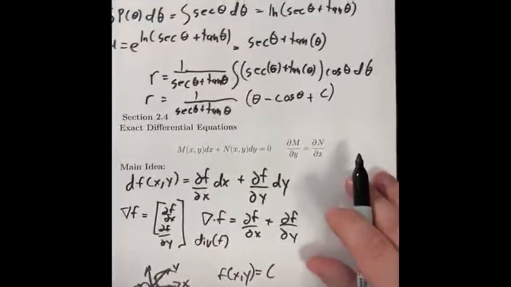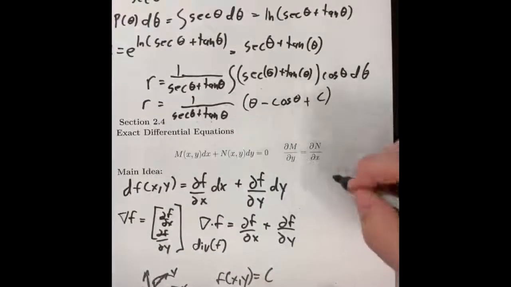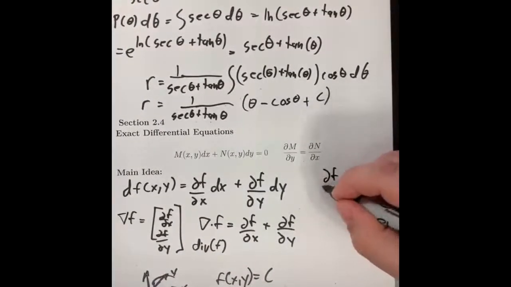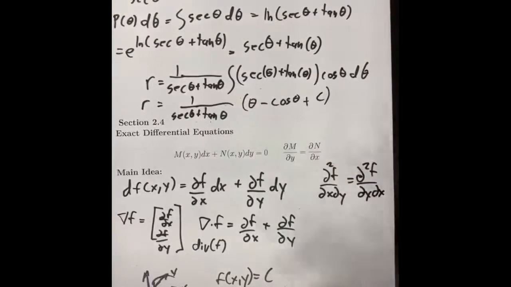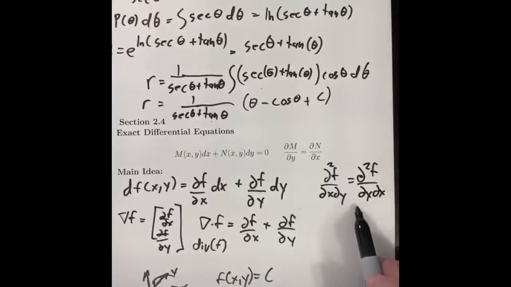Let me do a little side tangent here. This is related to the fact that the second partial of f with respect to x then y equals the second partial of f with respect to y then x. It doesn't matter whether you do x or y first; you should arrive at the same thing.